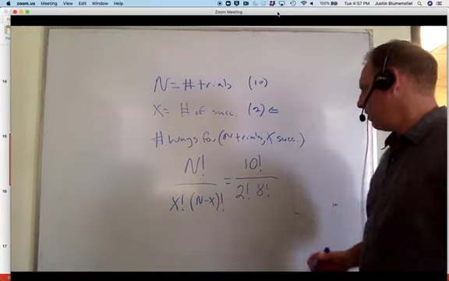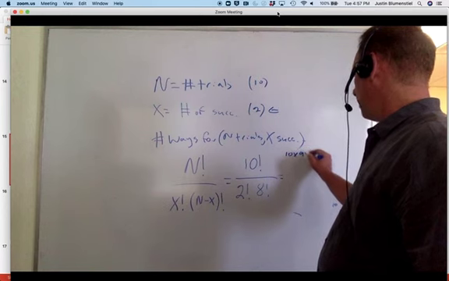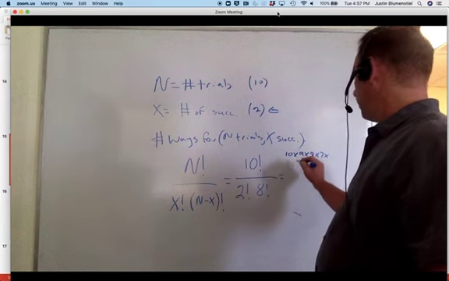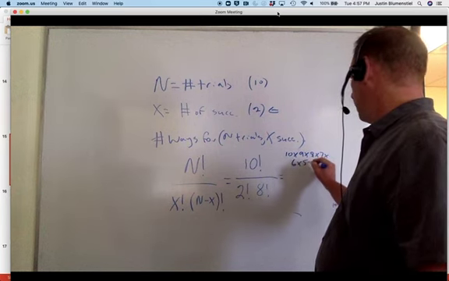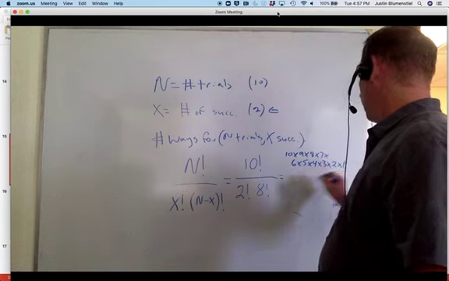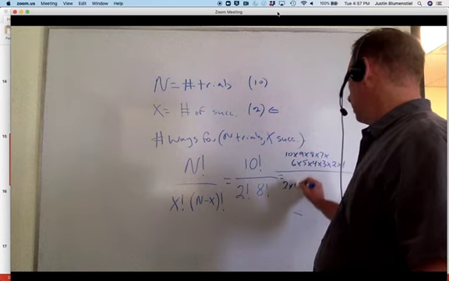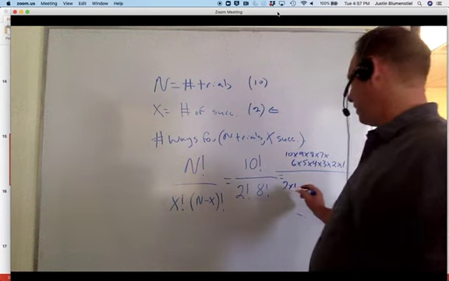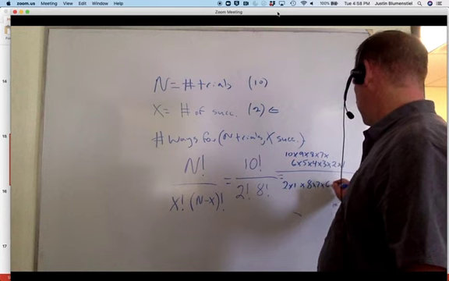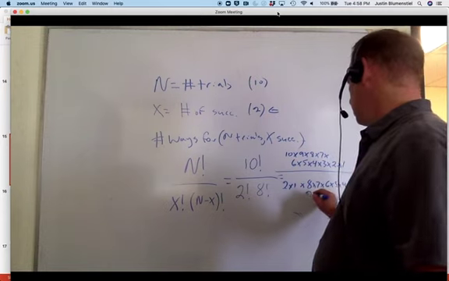So this would be 10 times 9 times 8 times 7 times 6 times 5 times 4 times 3 times 2 times 1, all over 2 times 1, which is 2 factorial, times 8 times 7 times 6 times 5 times 4 times 3 times 2 times 1.